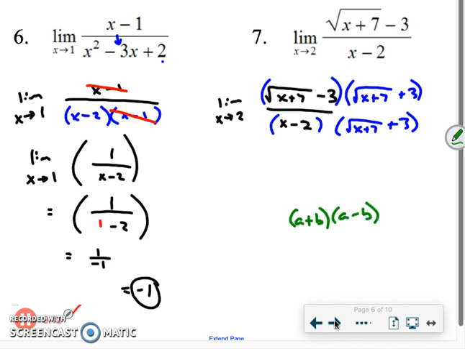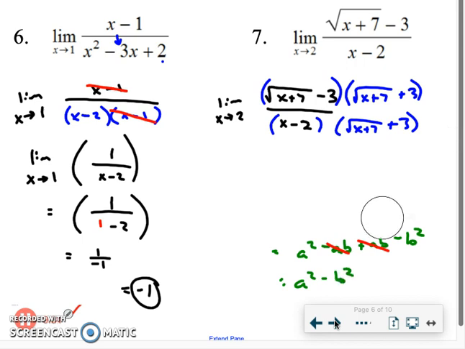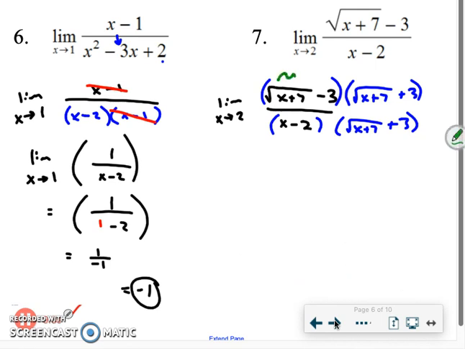If you multiply by its conjugate, a minus b, every single time, it's going to work out to where we multiply the first, the outside, the inside, and the last terms, and the middle terms cancel out. So shortcut-wise, a squared minus b squared is always going to be our shortcut. So keeping that in mind, in this case, the root of x plus 7 is our a, and 3 is our b value.